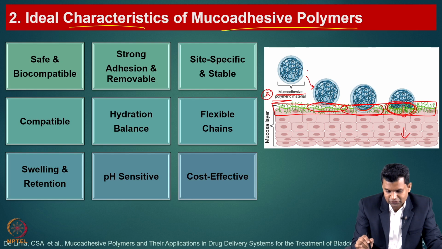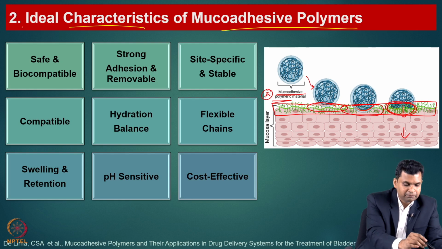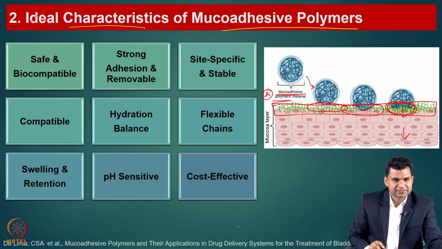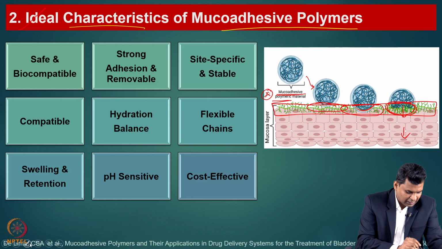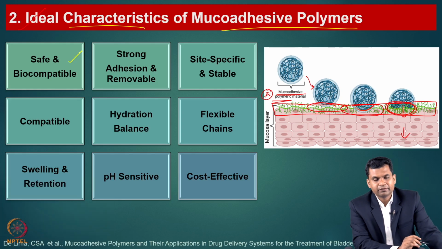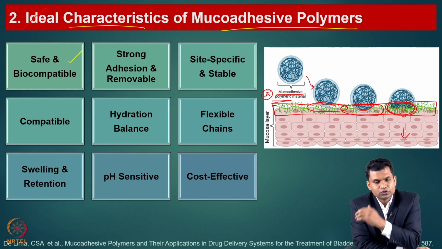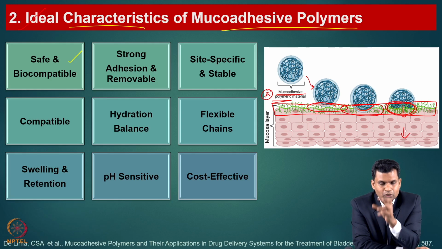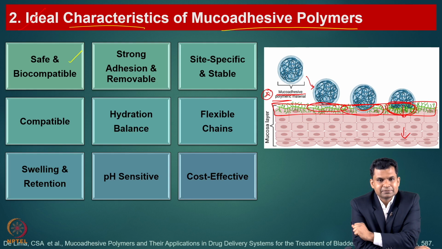Such polymers need to have some ideal properties. Yes, your polymer should be safe and biocompatible in human beings. So, it should not show any toxicity, it should be non-immunogenic, and it should not produce any toxic metabolites after degradation. Second is biocompatibility.